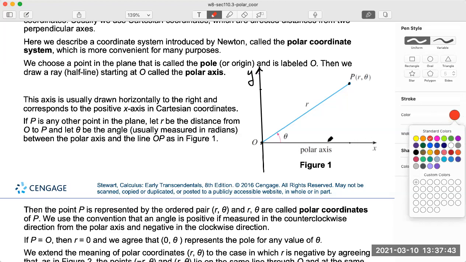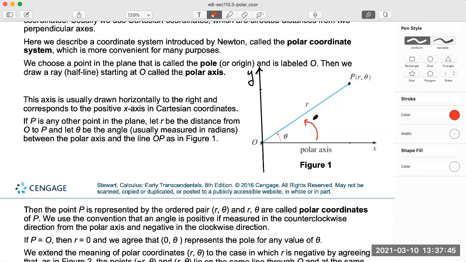We define that the positive angle is going counterclockwise. This is the positive direction, and 0 is right here. And the negative direction will go in the clockwise direction. Okay.